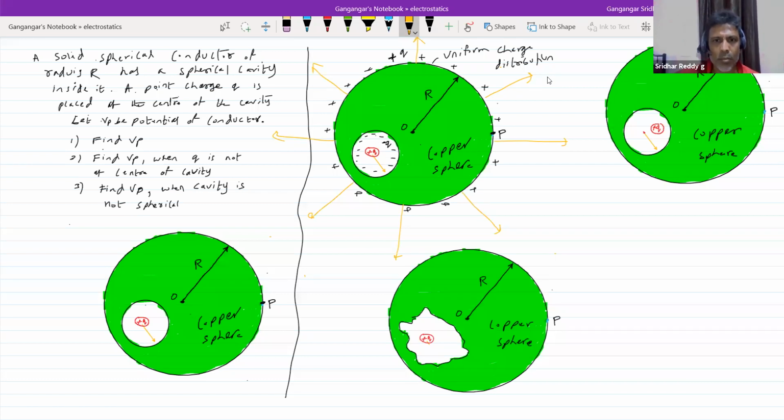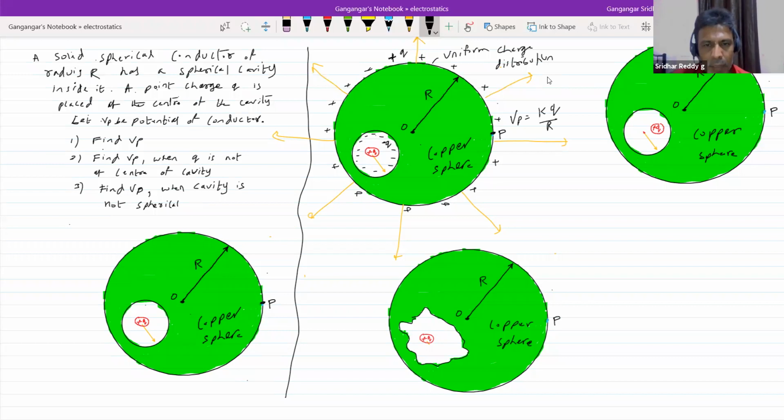So it is similar to a charged conductor. So therefore, what is the potential at point P? Shall we directly write the answer? Potential at point P is equal to KQ by R.